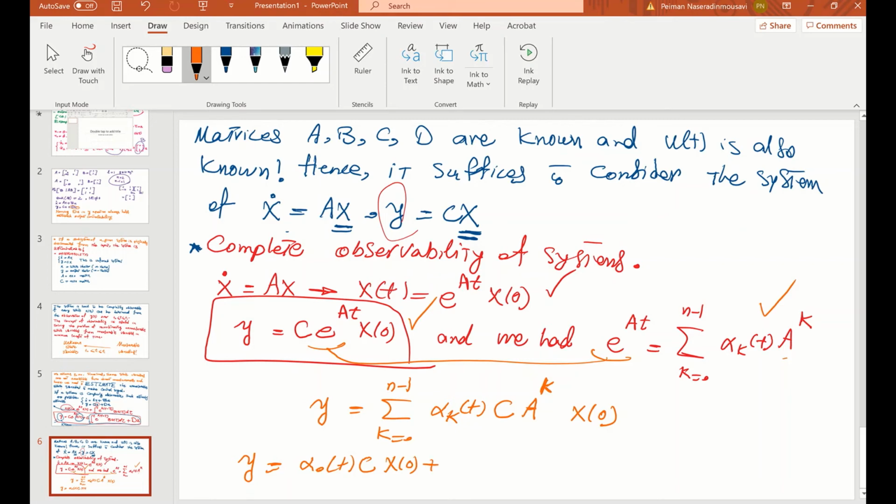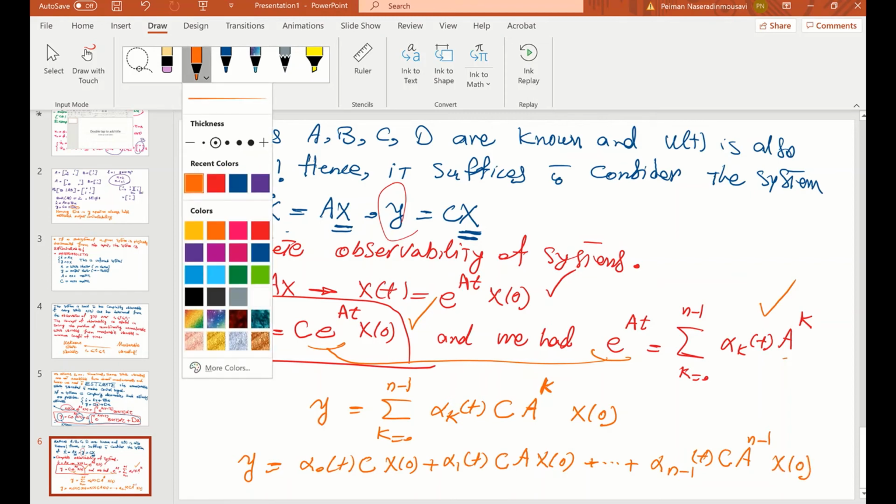Okay, I'm sorry, I just replaced this here, we go. k equal to 1 is going to be alpha 1 of t, again C A, x at time 0, plus, finally, alpha n minus 1 of t, C A to the n minus 1, x at time 0. Bingo. That's right.